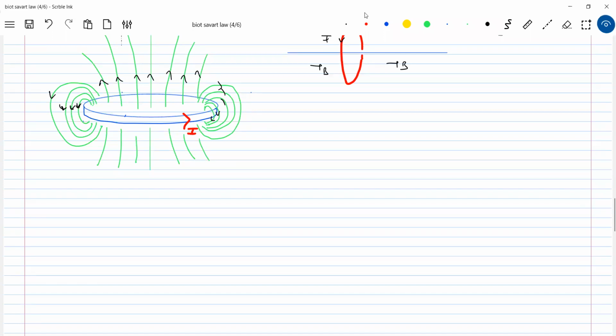So next we'll take the next condition. Let me take a current carrying strip.